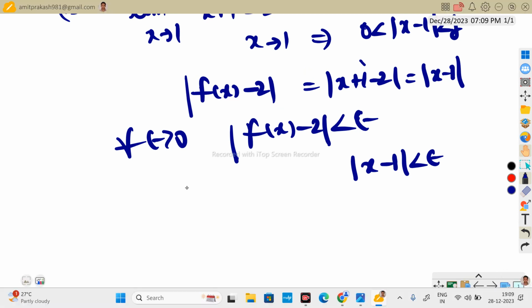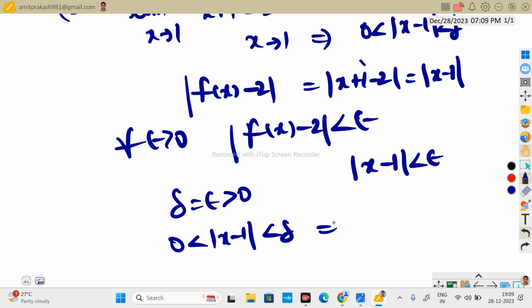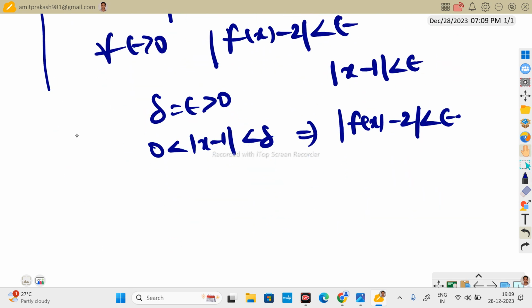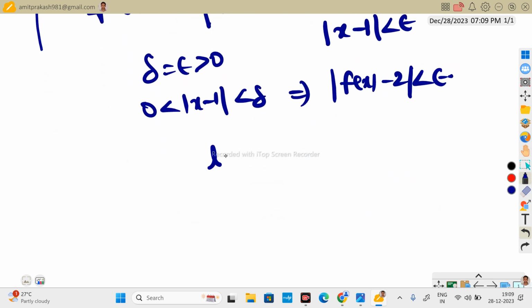If we take delta equal to epsilon, what we get is 0 < |x - 1| < delta implies |f(x) - 2| < epsilon. So we have proved that the limit as x tends to 1 of f(x) equals 2.